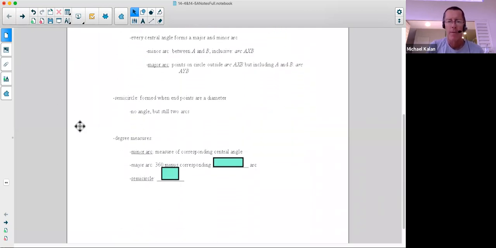Now arcs have degree measures. I want you to think of the degree measure as what portion of the circle it is, not its length, not the distance of the arc, but rather what portion out of the circle it is. It's almost like a percentage, except instead of being out of 100, it's out of 360.